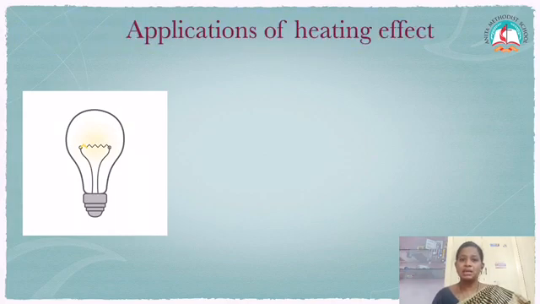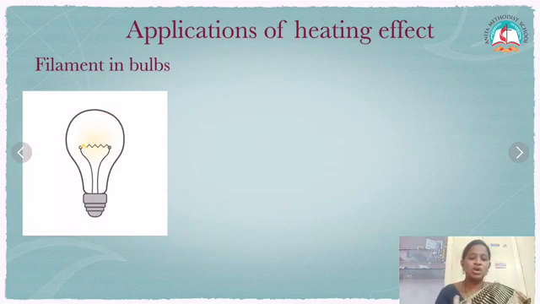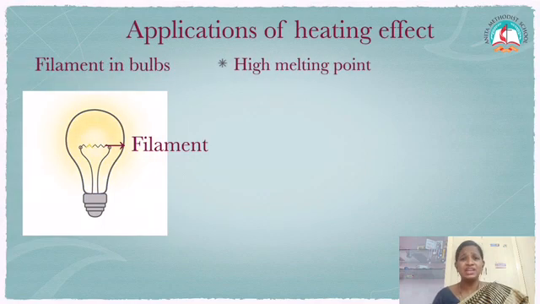The next application of heating effect of electric current is the electric bulb. Do you know what a filament is? This small wire-like structure inside the bulb is called the filament. This filament has a very high melting point.